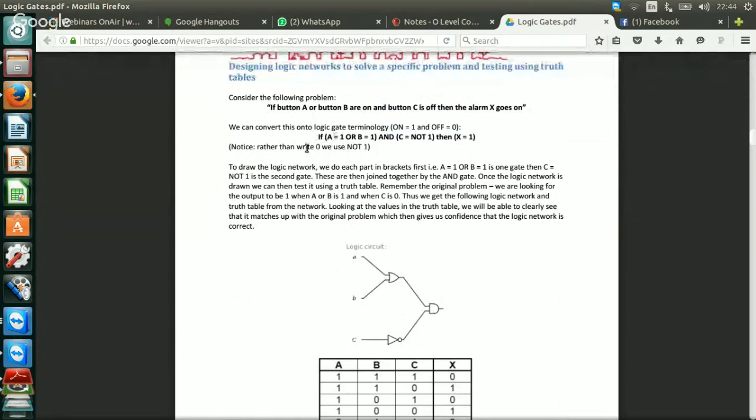Sometimes these equations are not required in the paper, but you should make them anyway. Then from the equation we make the circuit, and then run the truth table to verify whether your circuit is correct or not. That verification is not needed, but it's a very good technique to know if your circuit is correct.